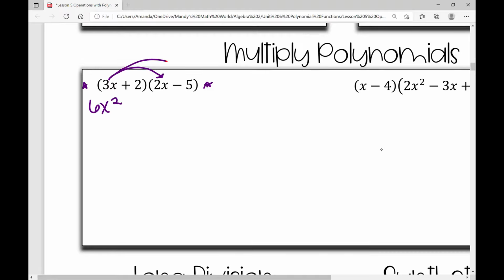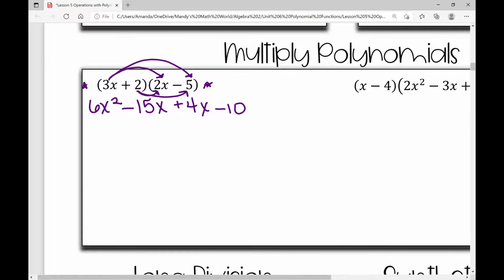Then I'm going to multiply 3x by negative 5, and I get negative 15x. Inside terms, or really I'm just moving on to that next term, 2 times 2x. Now I'm going to multiply the second term in this first binomial times every term in this second binomial. 2 times 2x is positive 4x, and then 2 times negative 5 is negative 10.